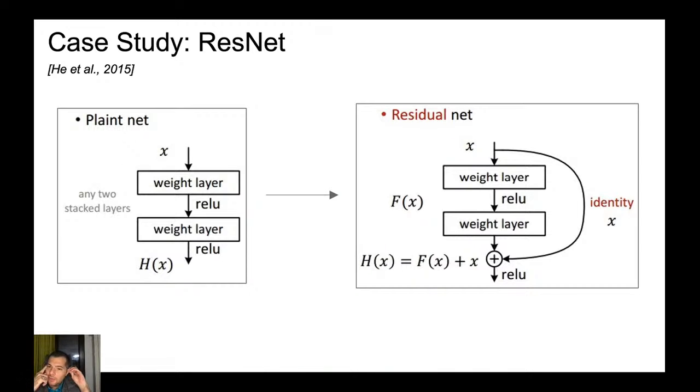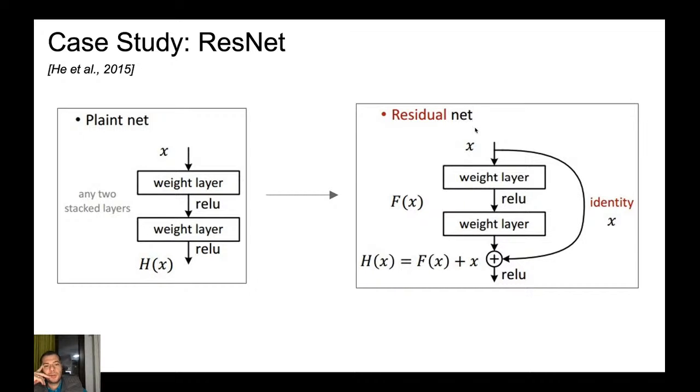So the main idea was pretty simple. When you have, let's say, two convolutional layers in succession that have the same size of input and output, you add this skip connection. Here the output in a plain network is denoted by H of x.